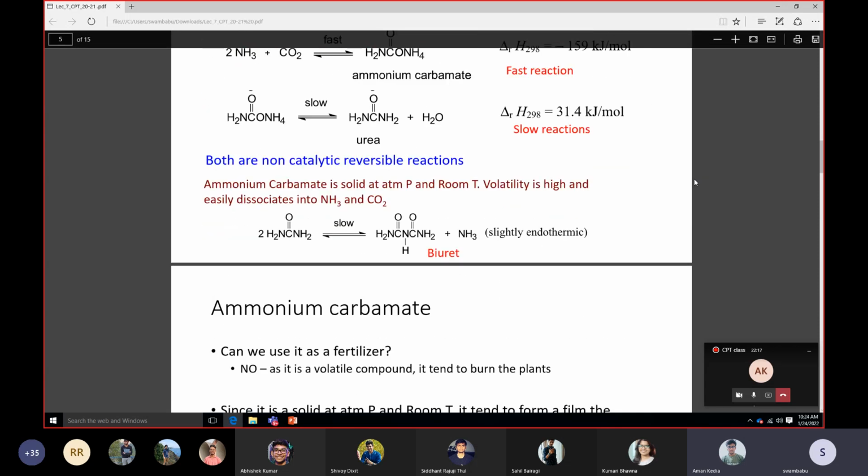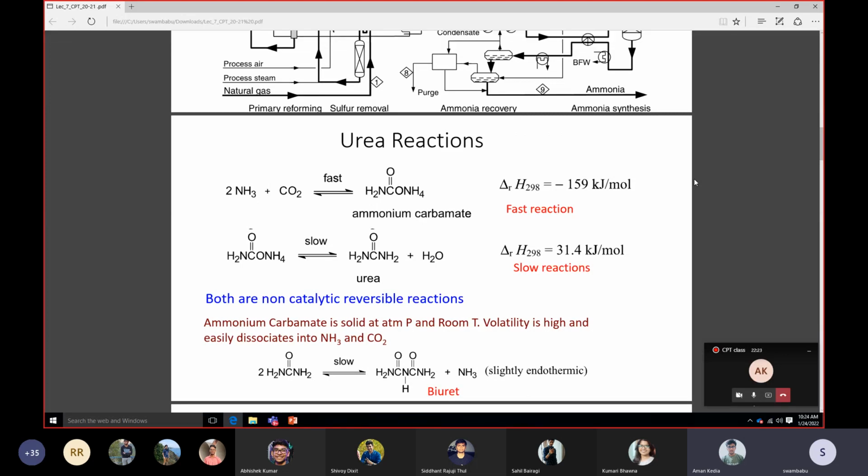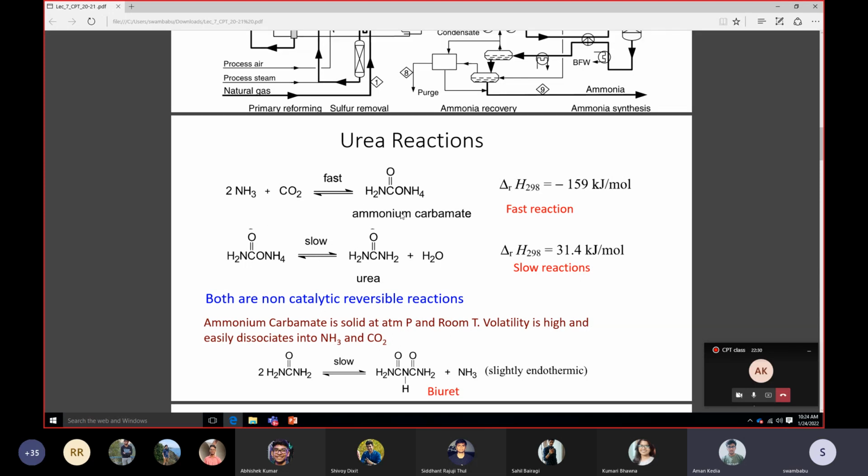So there are other reasons why we cannot use ammonium carbonate as a fertilizer. Please understand that this is a fast reaction and this is a slow reaction. Ammonium carbonate dissociates into ammonia and CO2 at normal pressure and temperature because it is highly volatile.